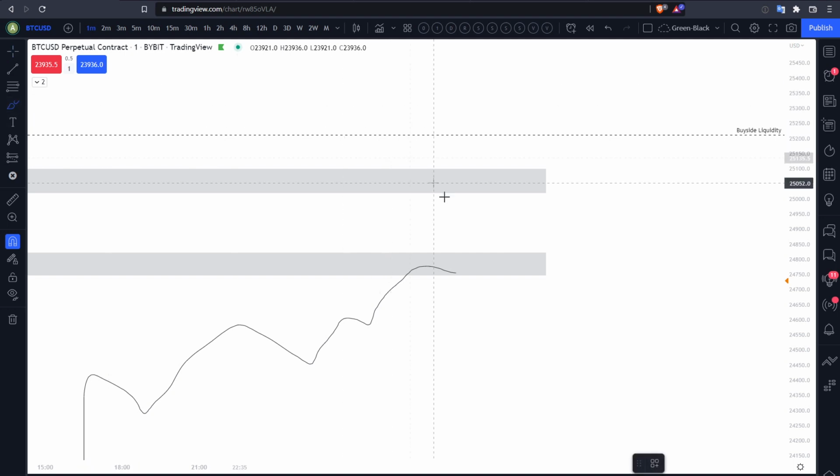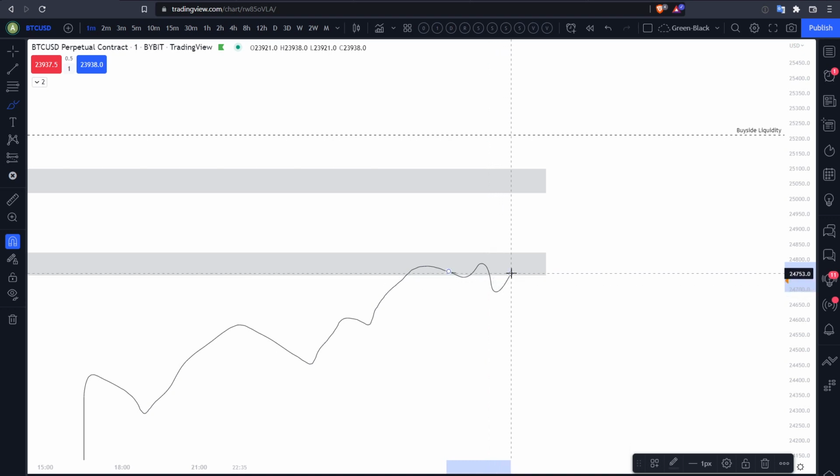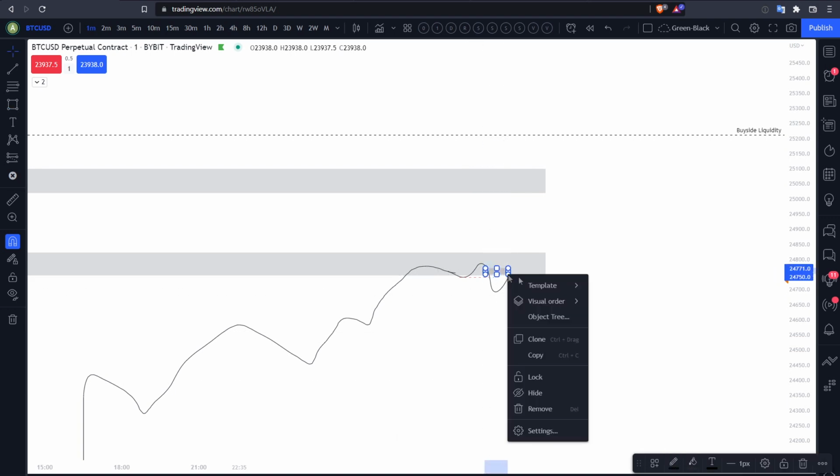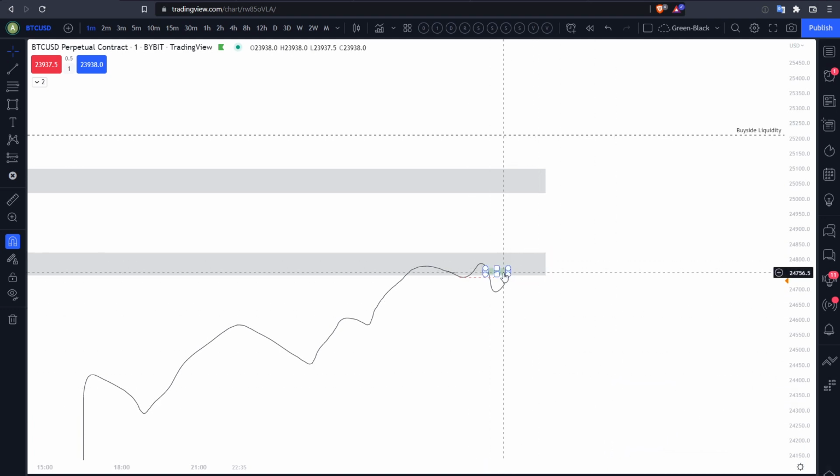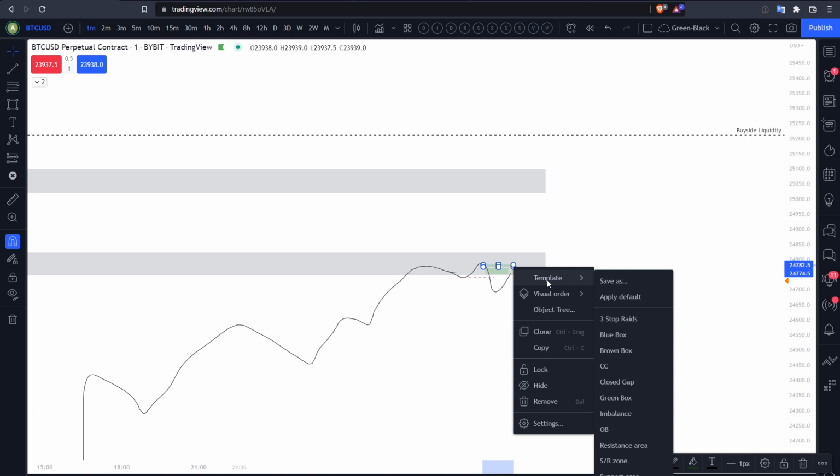So here I want to see a market structure shift. I want to see that some previous local low is being broken and that the price comes back either to close some sort of fair value gap in this area, or if a new order block will be formed here, we might have a tap into it.